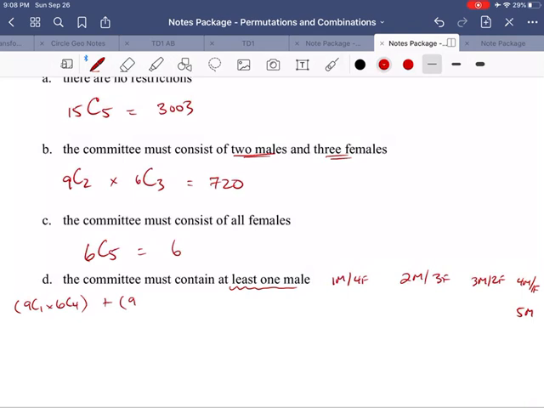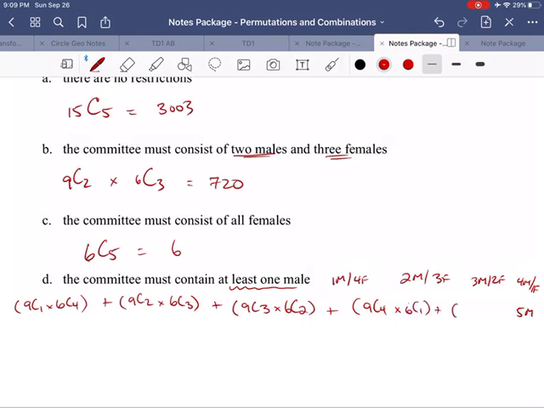From 9 males we're choosing 2, and multiply that by choosing 3 from 6 females. Then we're going to add this to our next scenario: from 9 males we're choosing 3, and from 6 females we're choosing 2. And our fourth scenario: from 9 males we're choosing 4, multiplied by choosing 1 female from 6.